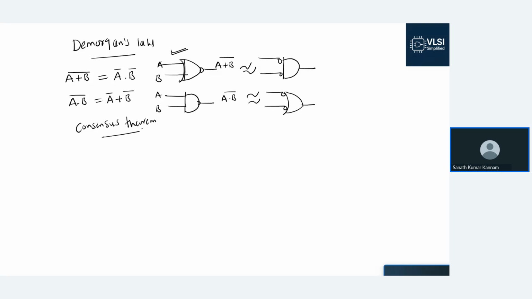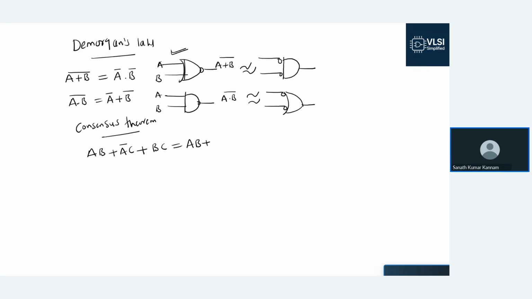Consensus theorem. So what is this consensus theorem? AB or A bar C or BC equals what?